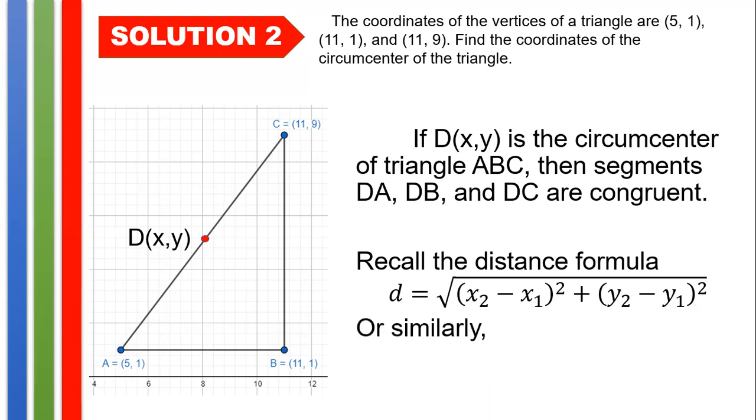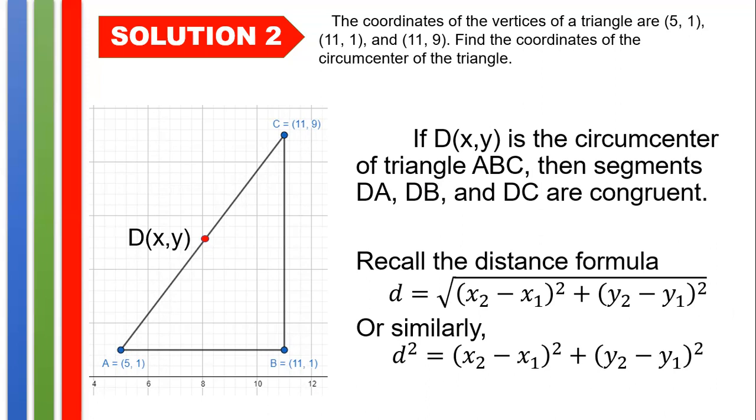Similarly, if we square both sides of our equation, d squared equals the same expression, it's just that there's no more radical sign. So d squared equals (x sub 2 minus x sub 1) squared plus (y sub 2 minus y sub 1) squared.